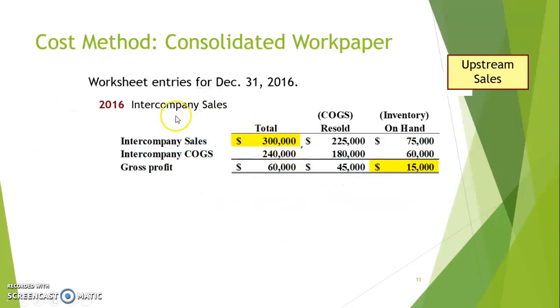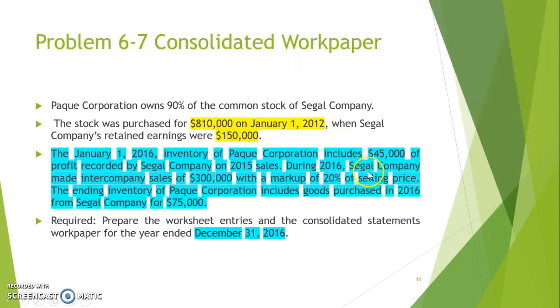So you must note these carefully when preparing your adjustments. So dealing with the intercompany sales, we have $300,000, which were the sales that were sold from the subsidiary to the parent, and these will include a markup of 20% on the selling price.